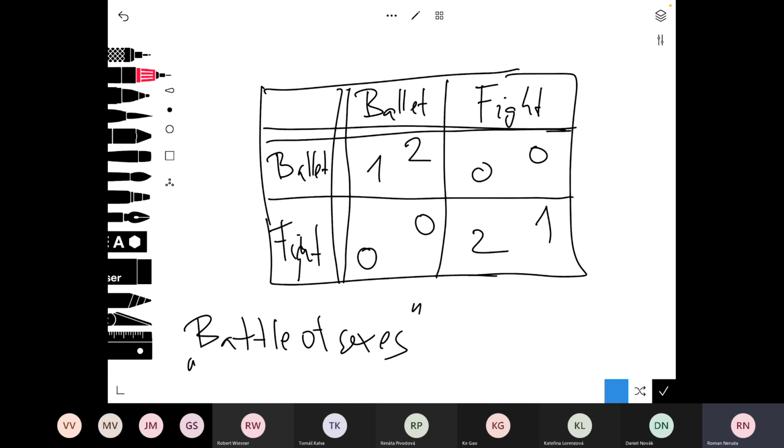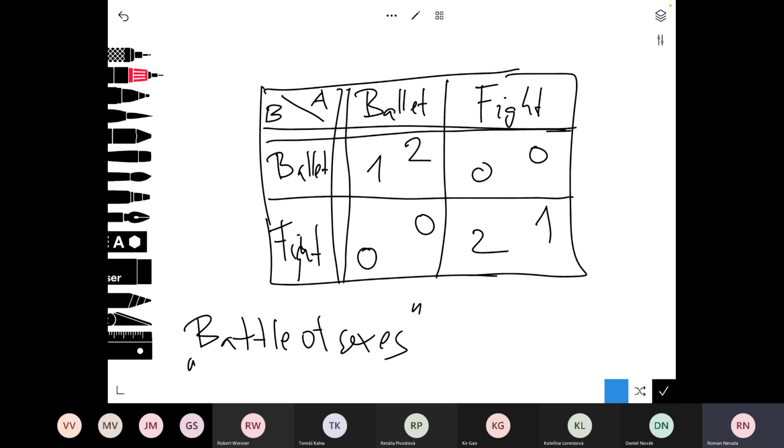If we have ballet, then probably the traditional definition would be Bob here and Alice here, but that's sort of stereotypical. So we can consider that actually Bob loves ballet and Alice is into kickboxing or something.